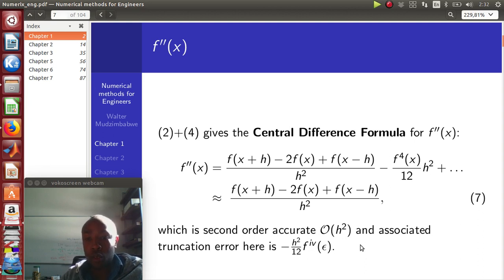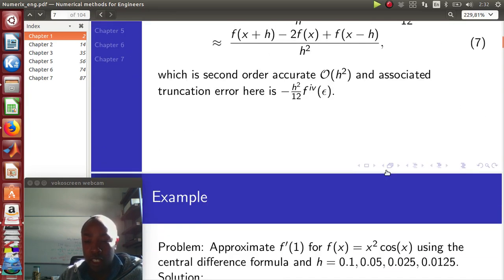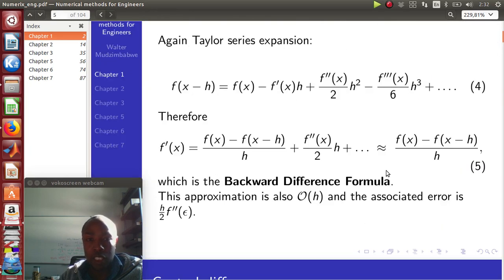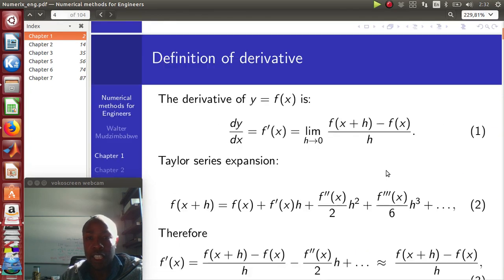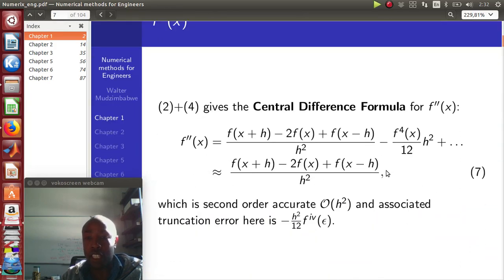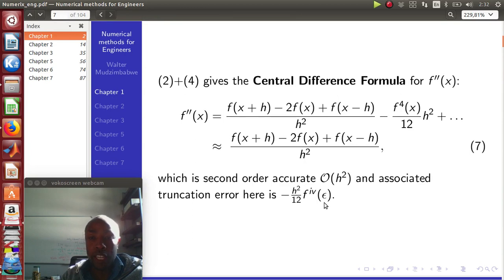And also the error is again this, but being evaluated at epsilon. Unfortunately, it is not written anywhere in these slides, but the epsilon here, you can find it as follows.